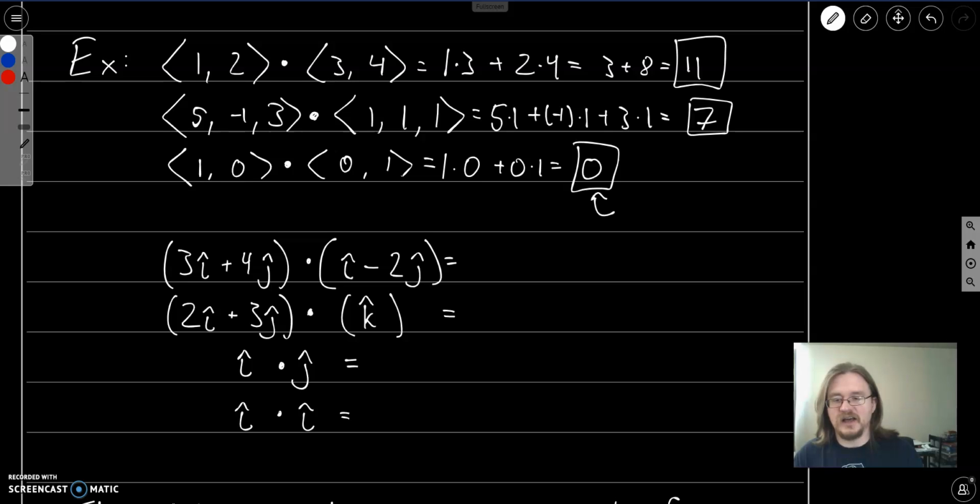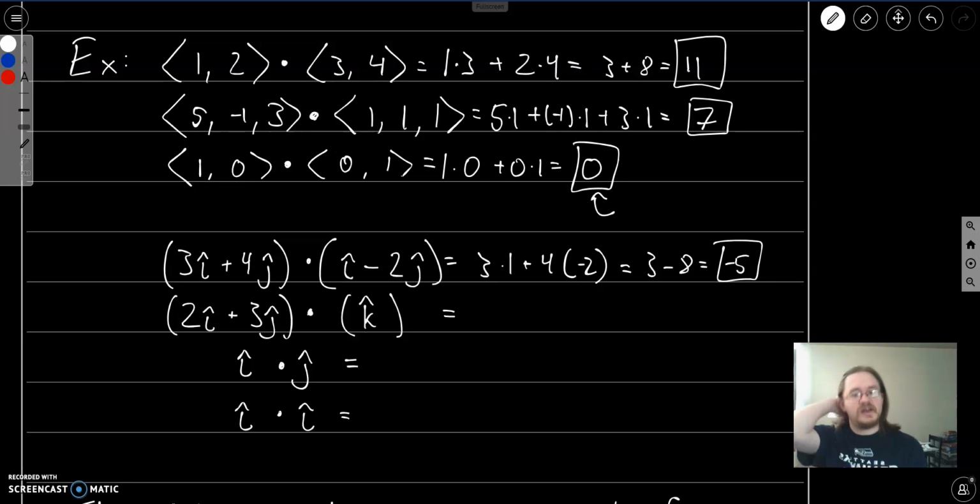So this is 3 times 1. And then we have the y direction, so we have 4 times, and then this guy is negative 2. So again, the 3 and the 1 are the coordinates for the x direction. The 4 and the negative 2 are the coordinates for the y direction. When we multiply these, we get 3, and that's going to be negative 8. So we get negative 5.